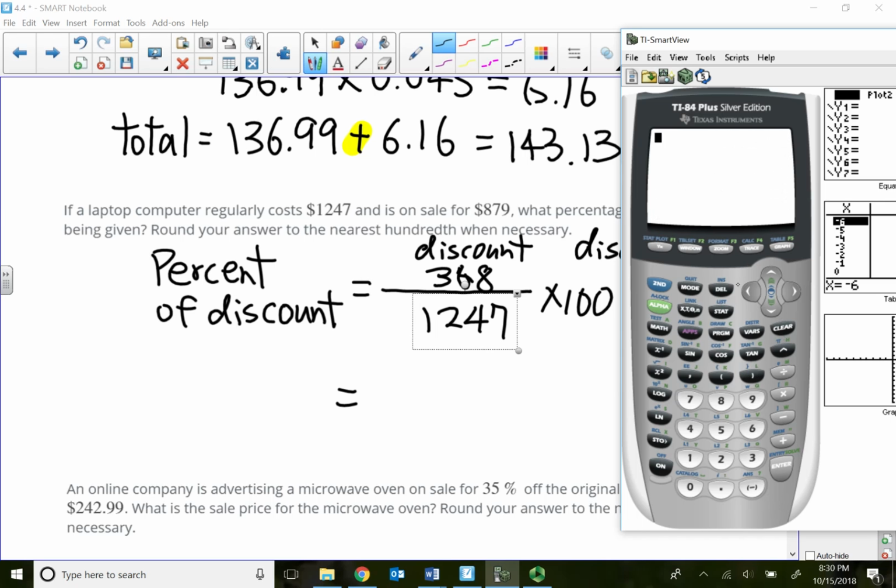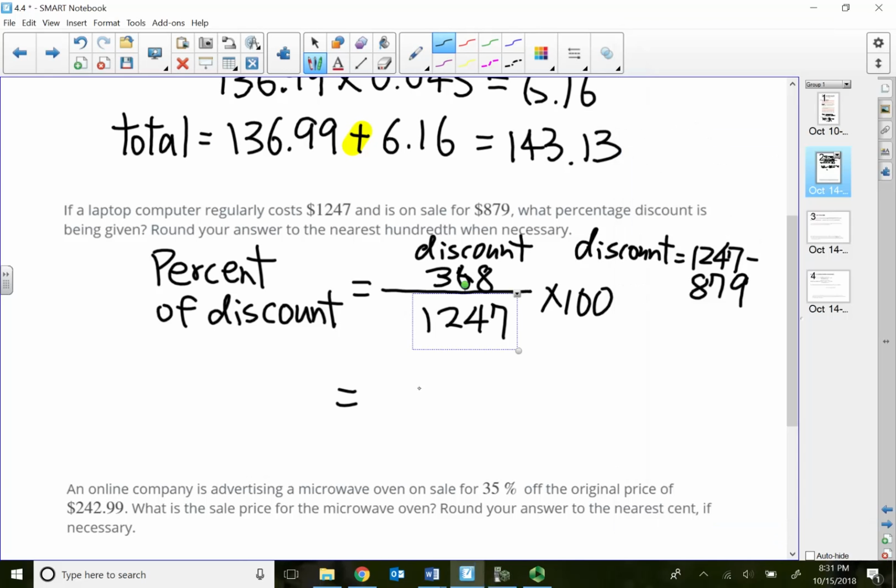This problem is a lot like finding the percent of increase and the percent of decrease. 368 divided by 1247 times 100, rounding to the nearest hundredth when necessary, will be 29.51%. So that's how much discount I'm getting, the percent of discount.